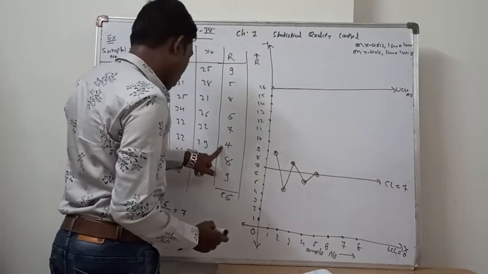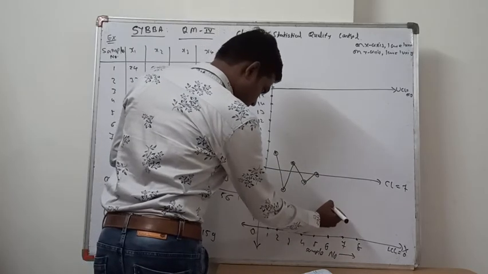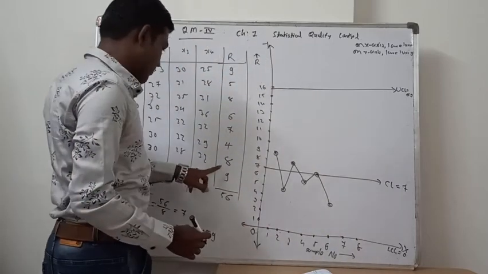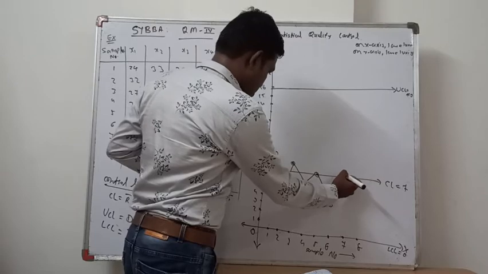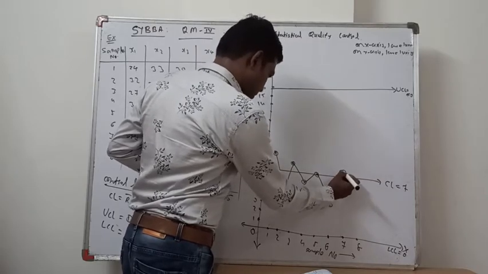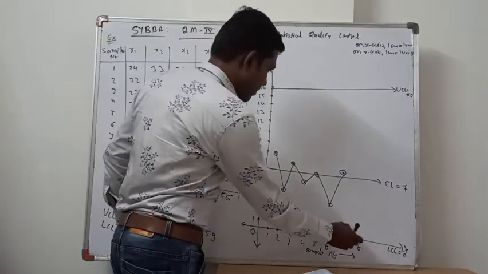Next the sixth point, that is 4. Next the seventh one, that is 8. Next the last point, that is the eighth, and the value is 9.